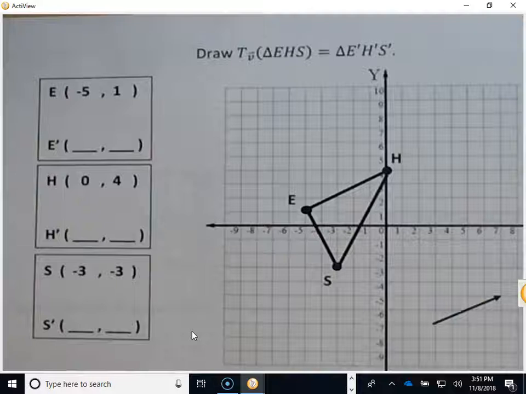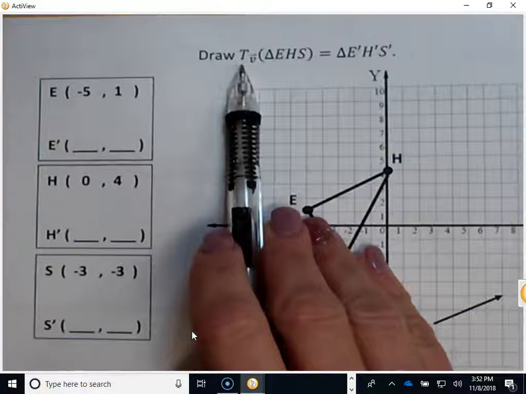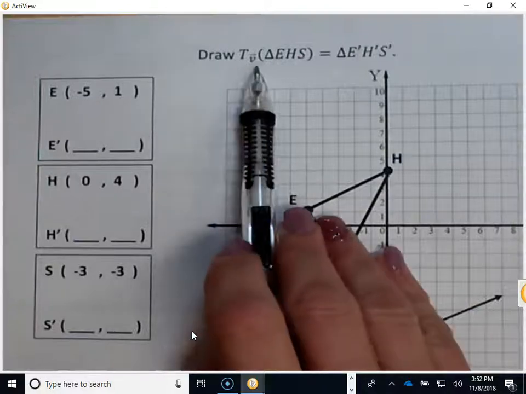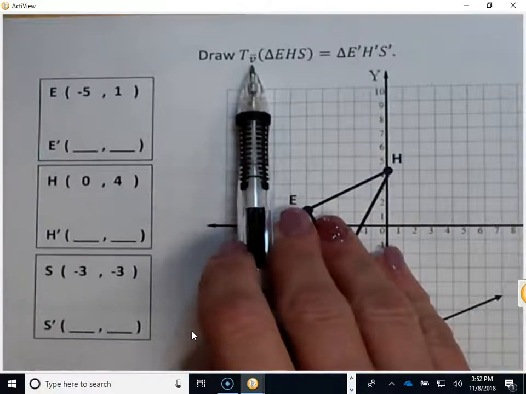It was a size change, so it was capital S for size change, and then the lowercase k underneath it told us what our scale factor was. In this case, our notation is a capital T for translation, and then down here, that tells you it's a vector.